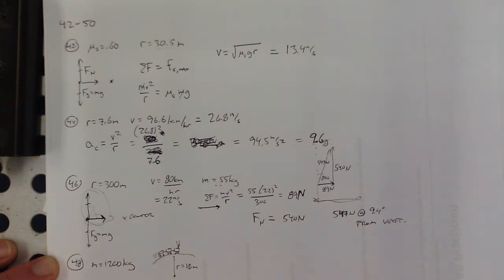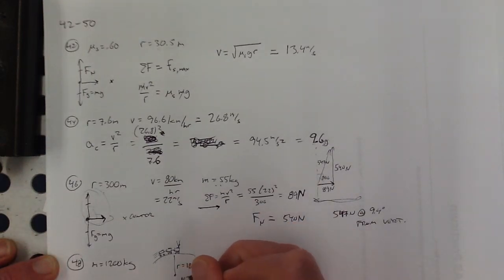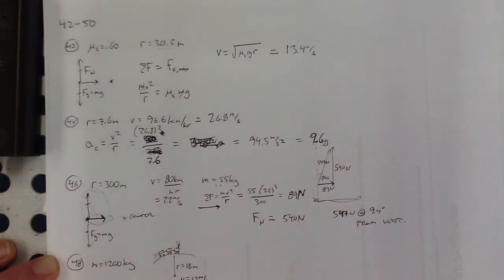At the top of the hill, what are the magnitude and the direction, up or down, of the normal force on the car from the track if the car's speed is 12 meters per second?